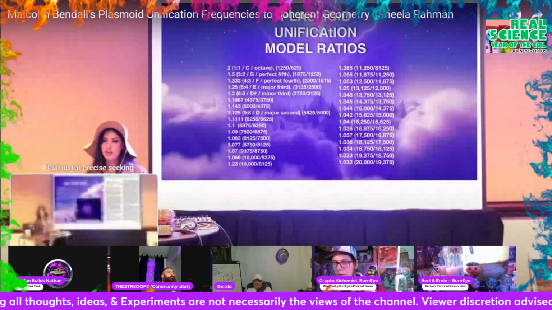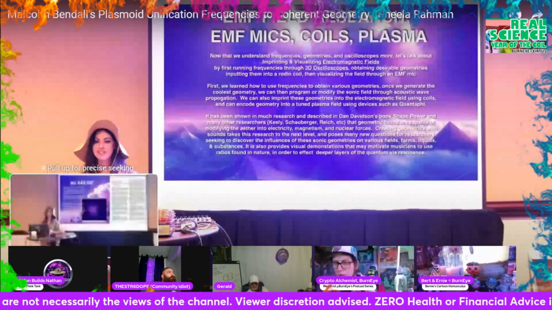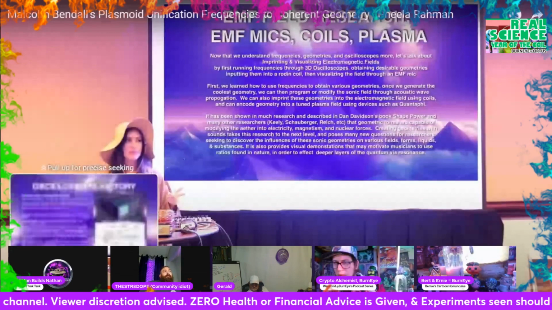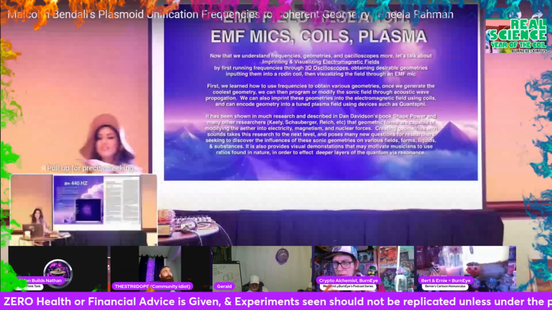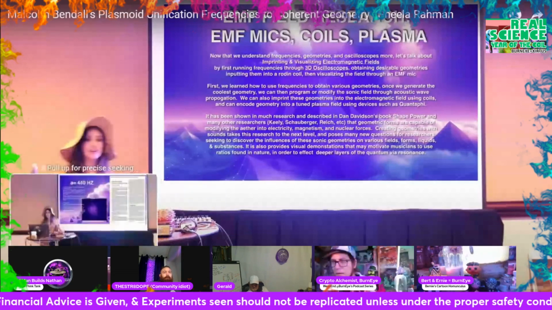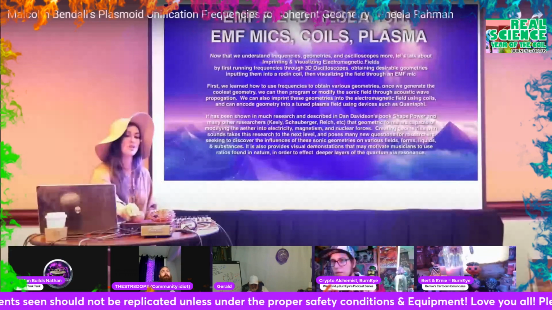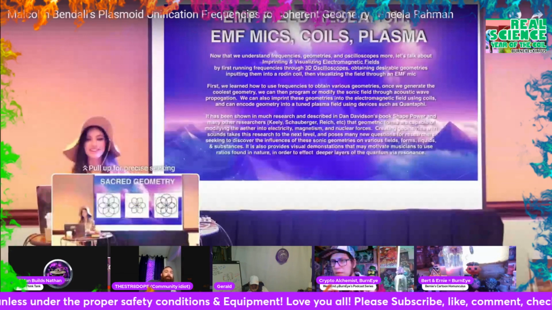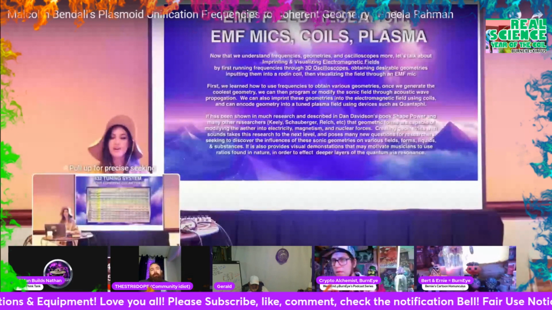All right, now that we understand frequencies, geometries, and oscilloscopes a little bit better, we can talk briefly about imprinting electromagnetic fields. Once you find a cool geometry that you like or that encodes some aspect of reality that you want to train with, you can use it to imprint the electromagnetic or plasma field.